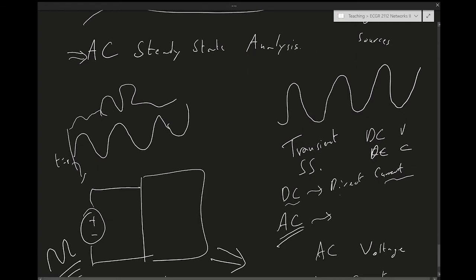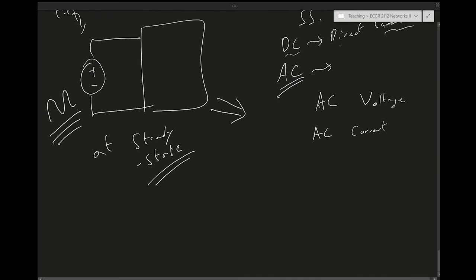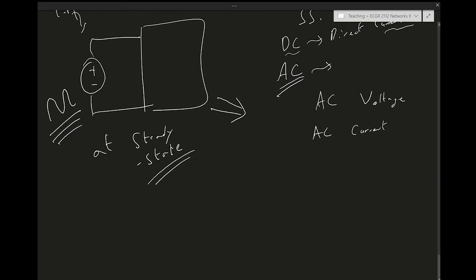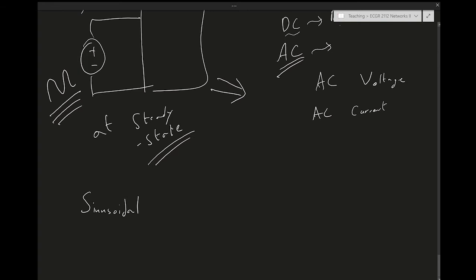So the basic functions that we use to model AC signals mathematically to start our AC analysis are sinusoidal signals. Sinusoidal signals are just signals that we build from sine and cosine, the so-called basic trig functions.